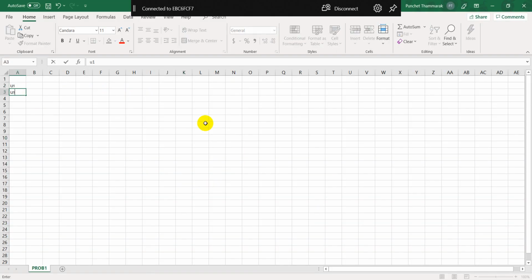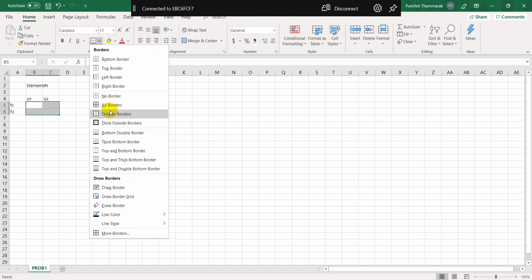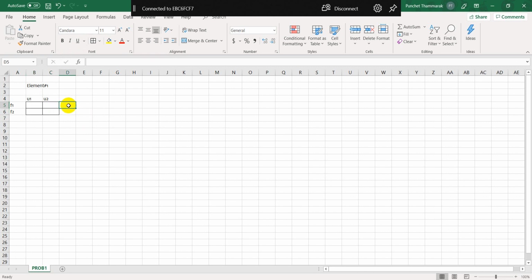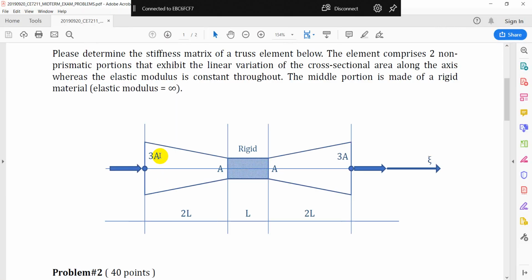I call it U1, U2, and it's just going to go quickly. Element number 1, and F. Oh, sorry. This is supposed to be U1, U2, F1, F2. Basically, you're going to have the whole thing in here. Being E and A over L, where A is the average of these two.